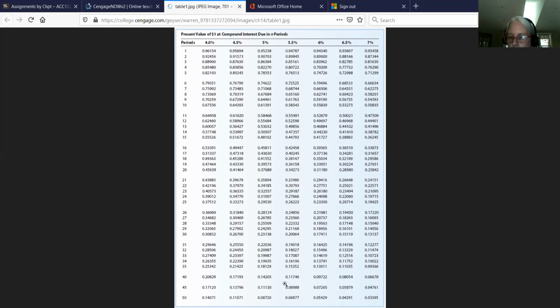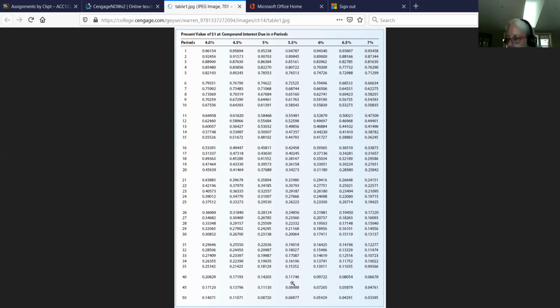This is your lump sum amount table value. So if you'll pick up this table value, then you will multiply this table value amount by the face value of the bonds, and that will give you the present value of the amount of the bonds.